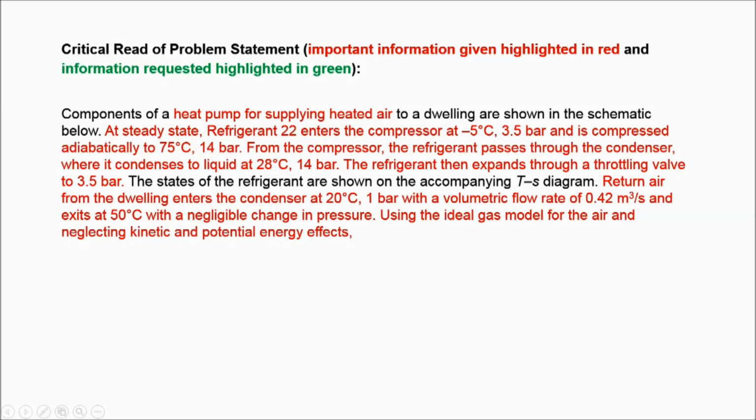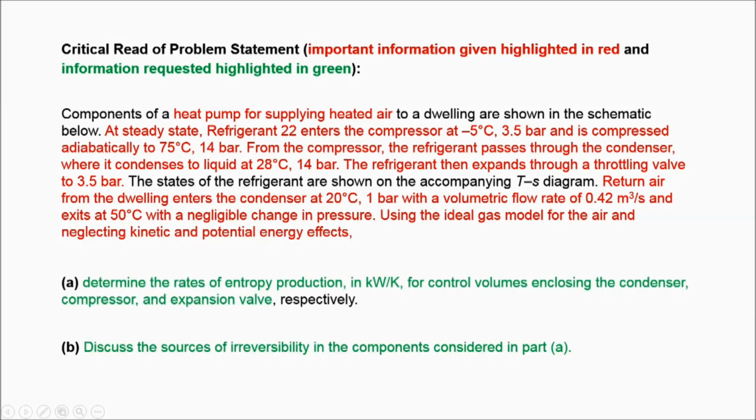Return air from the dwelling enters the condenser at 20 degrees C and 1 bar with a volumetric flow rate of 0.42 cubic meters per second and exits at 50 degrees C with negligible change in pressure. Using the ideal gas model for the air and neglecting kinetic and potential energy effects.